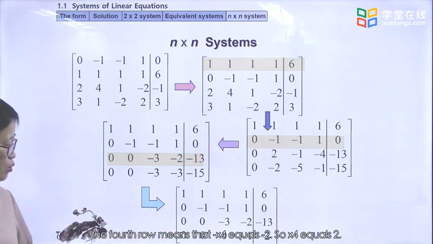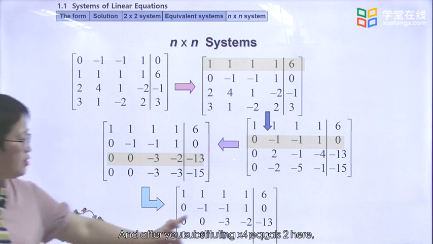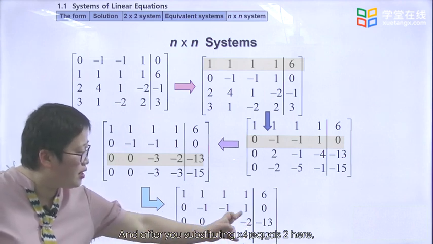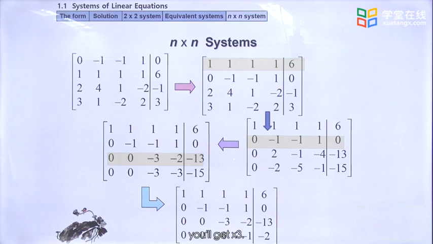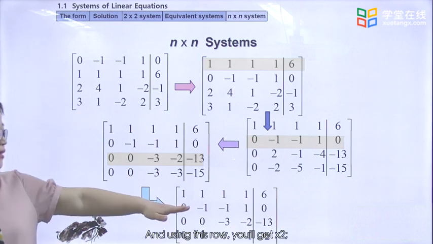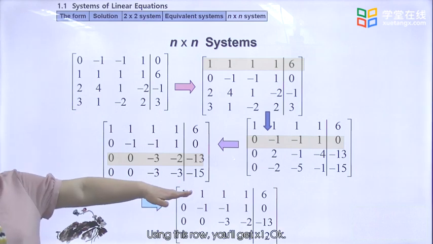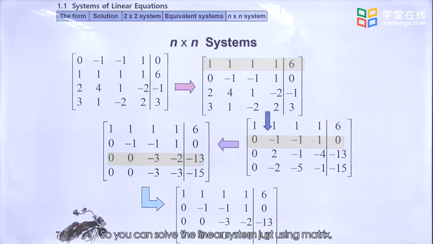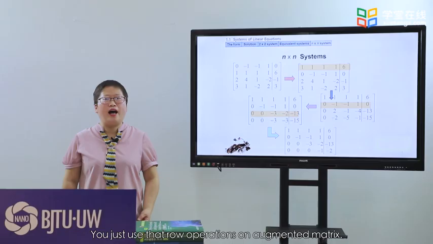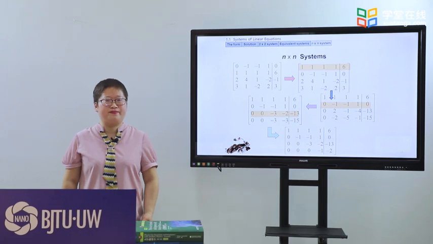So x4 equals 2. After substituting x4 equals 2, you will get x3. Using this row, you'll get x2. Using this row, you'll get x1. So you can solve the linear system just using the augmented matrix. You just use the row operations on the augmented matrix, and you can solve this linear system.